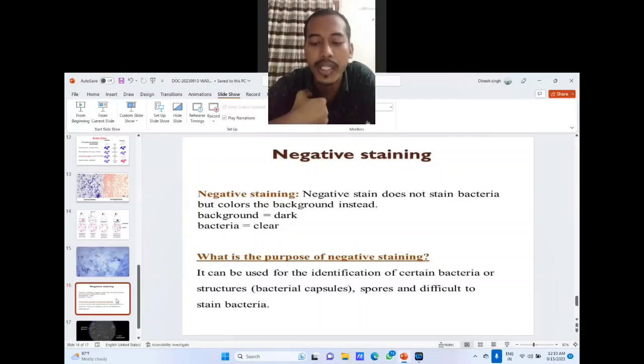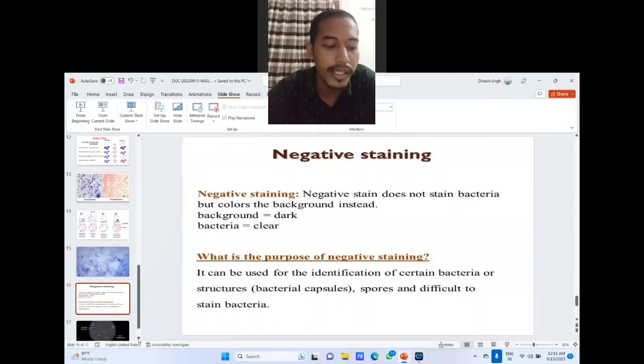It can be used to identify certain bacteria or structures, such as bacterial spores, which are very difficult to stain with a normal stain. Whatever stains we normally use, like methylene blue or crystal violet, it is very difficult to stain bacteria forming spores and any other structures that we are unable to stain with normal stains.